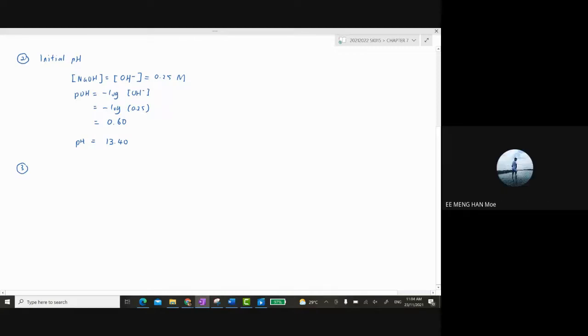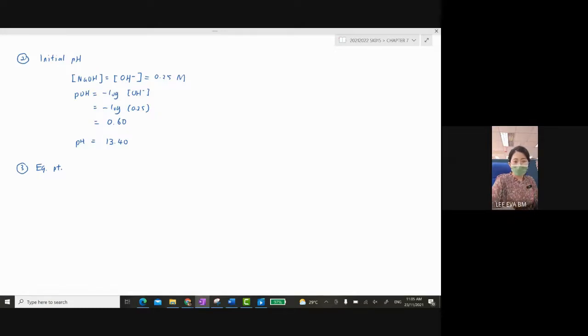Equivalence point. Okay, so at the equivalence point, remember that we have two things to find. One is the pH range: is it greater than 7, equal to 7, or less than 7? And another thing is the volume of your titrant. So in this case, we need to write the equations for neutralization.